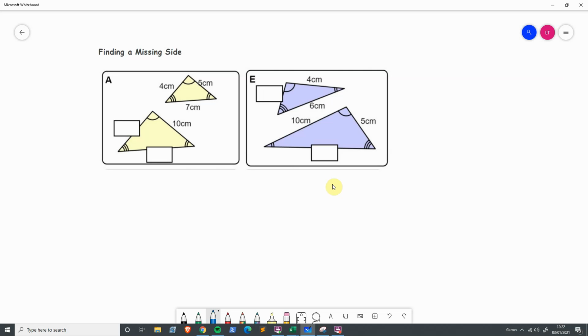So our first step in a similar triangle problem is you need to find a pair of sides. And what I mean by that is two lengths that show the same spot on the shape. So this shows this right hand side slant, this also shows this right hand side slant.